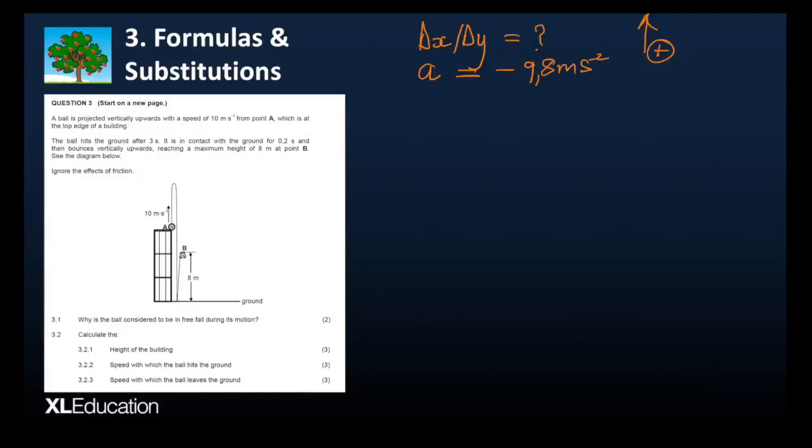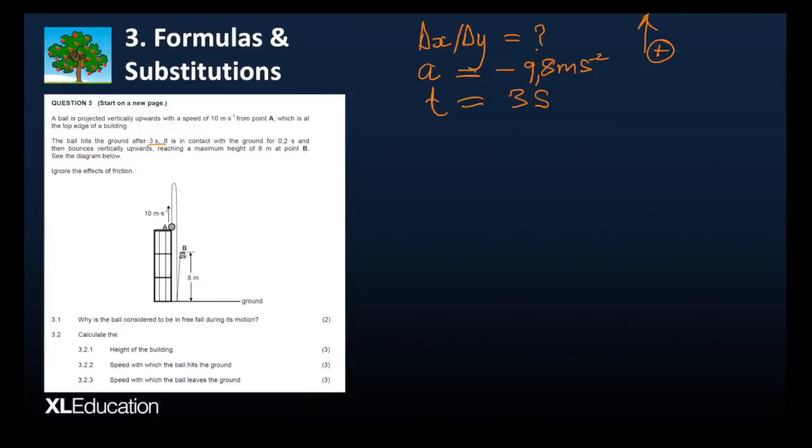Let's move on. What other information is given? The ball hits the ground after 3 seconds, right? If the ball hits the ground after 3 seconds, it means our time is also 3 seconds, right? What other information can you get out of the question?